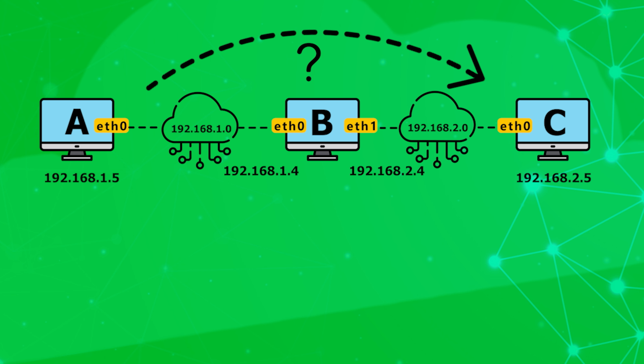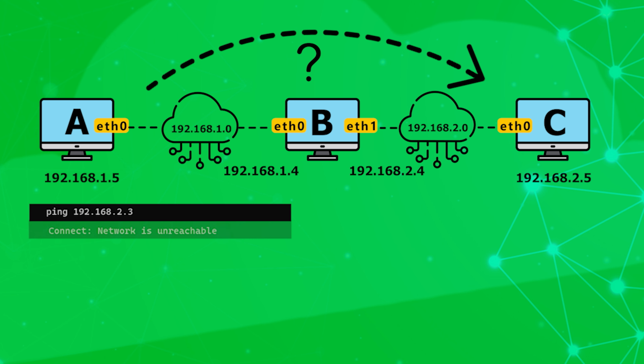Now the question is how A should be able to talk to C. If we ping 192.168.2.3 from machine A, it will say network unreachable. And we know the reason, which is obvious, because the routes are not configured and A has no idea how to reach to machine C. So we need to tell machine A that the door to machine C is through machine B by adding a routing table entry.